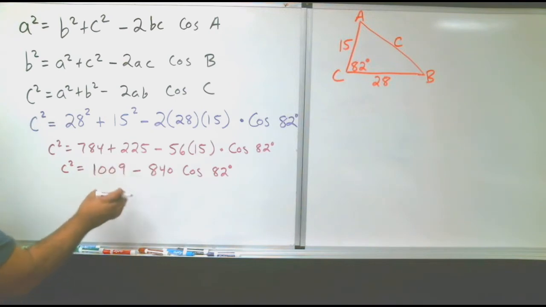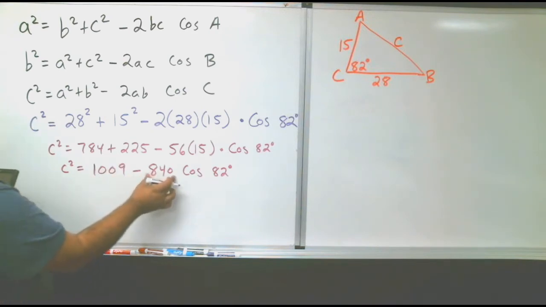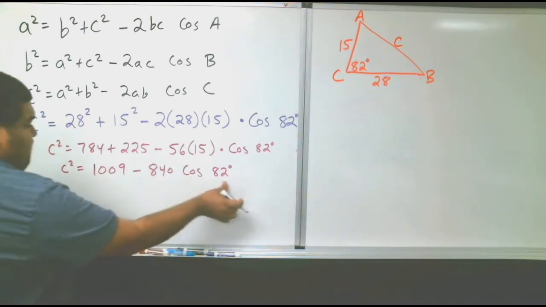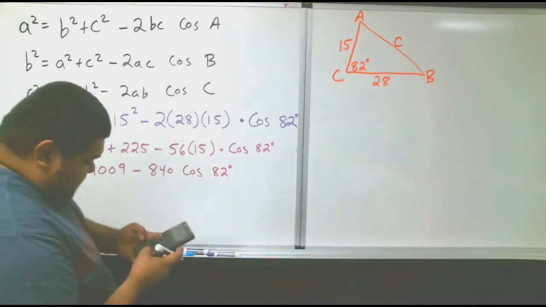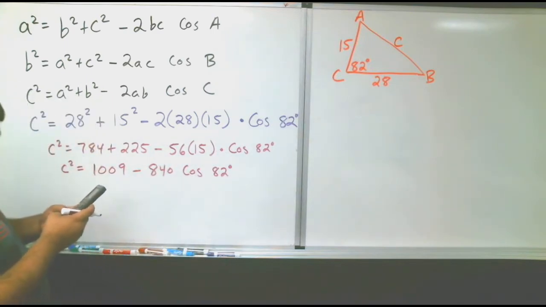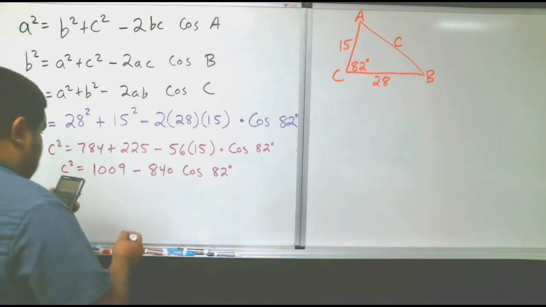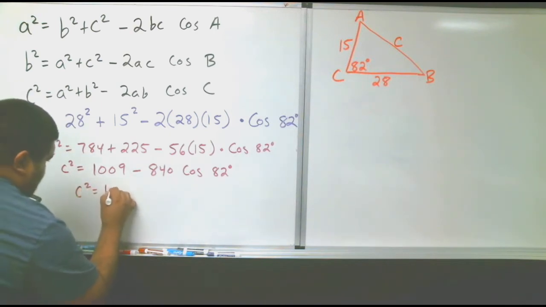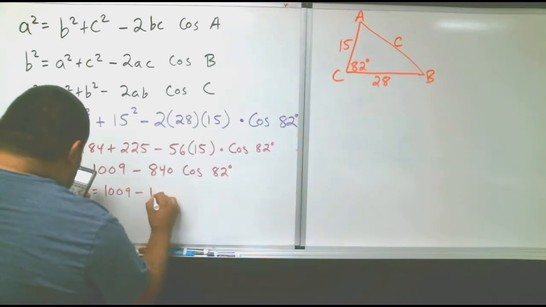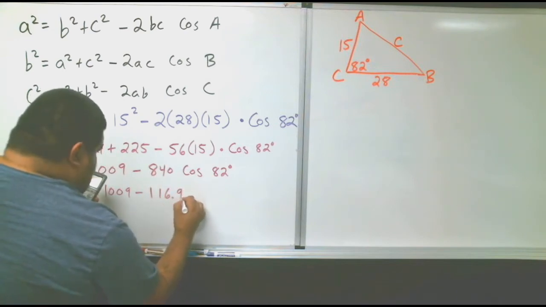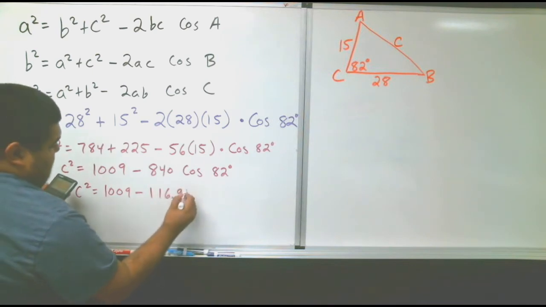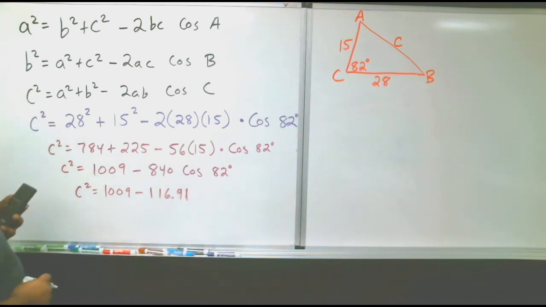Remember, we cannot combine 1009 minus 840 because 840 is being multiplied by cosine of 82. So we have to solve for that part first. 840 times cosine of 82 gives us 116.905, which rounds to 116.91.